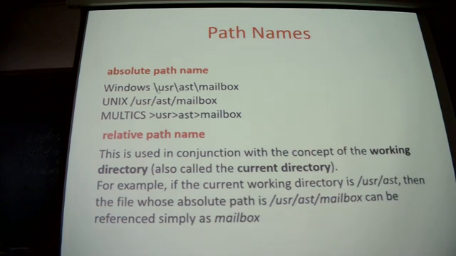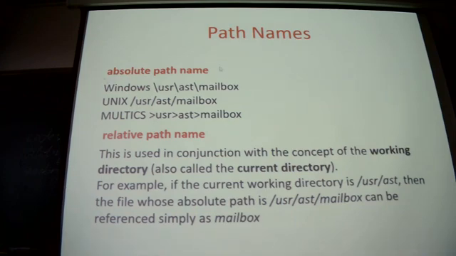If the path begins with a slash, we know that this is the absolute path from the root to the destination. So we just transform this path into the Unix form. We only need to change the slash.